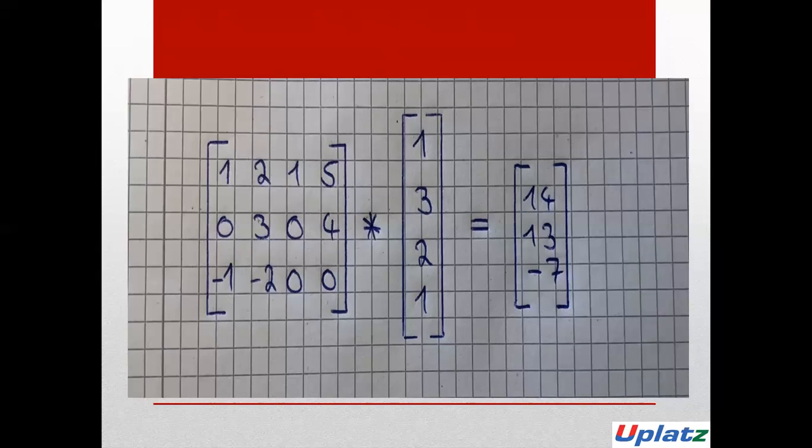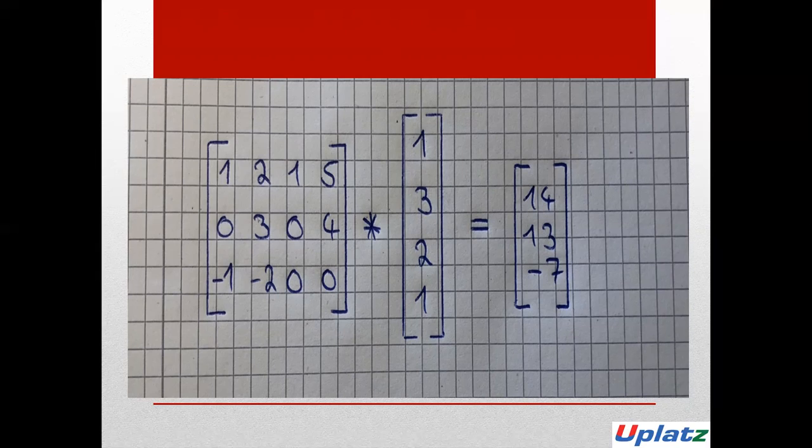The first operation is 1 multiplied by 1 plus 2 multiplied by 3 plus 1 multiplied by 2 plus 5 multiplied by 1. The answer is 14. Then 0 multiplied by 1 is 0, then 3 multiplied by 3 is 9, plus 4 multiplied by 1 is 4. So 9 plus 4 is 13.